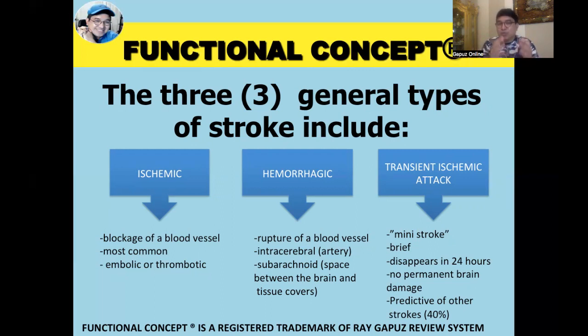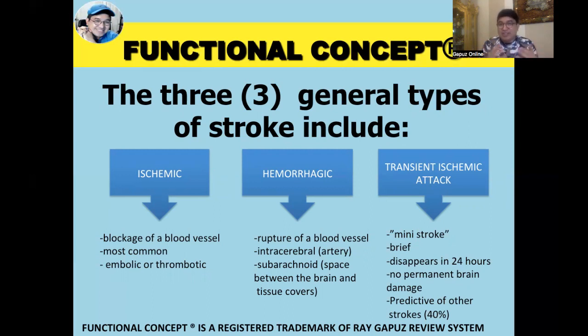Now, if you would take a look at the difference between ischemic and hemorrhagic stroke, in ischemic stroke, the problem is absence of blood supply, which essentially deprives the brain of oxygen. In hemorrhagic stroke, the problem is bleeding, okay? That could eventually also lead to diminished oxygen level in the brain.